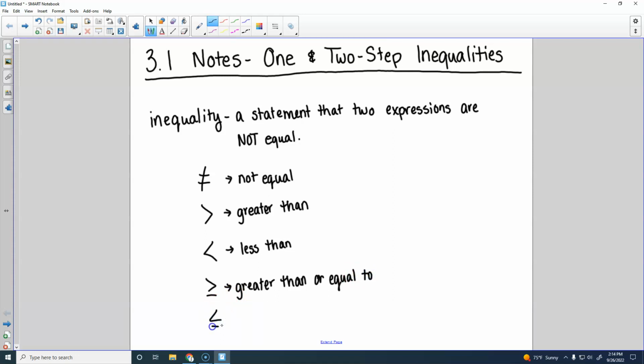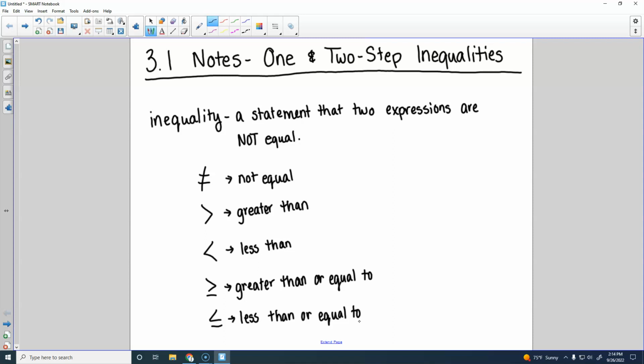And this symbol, less than or equal to. Those last four, those are the ones that we're really going to use for these, although it is technically an inequality if you say two quantities are not equal to each other.